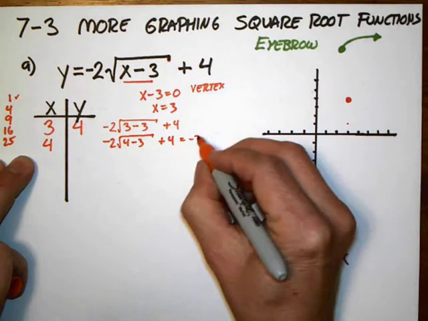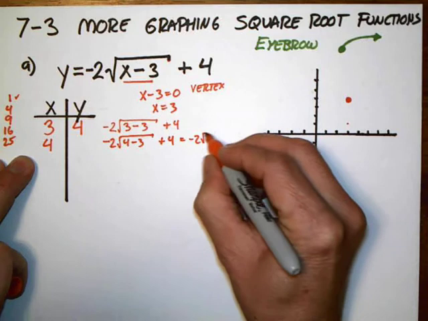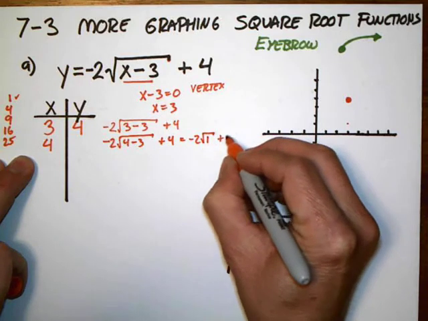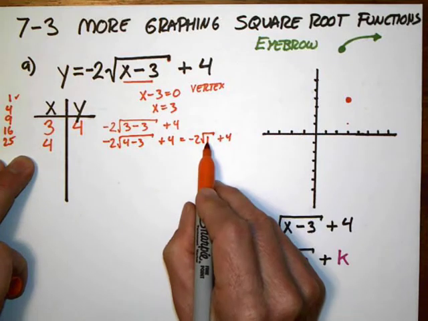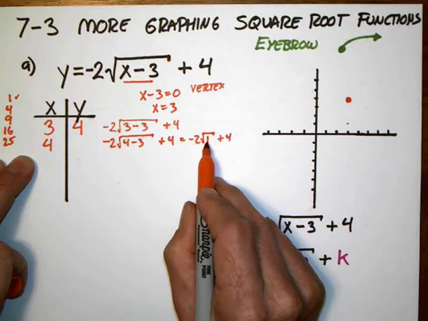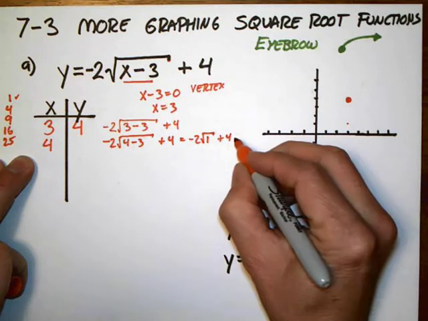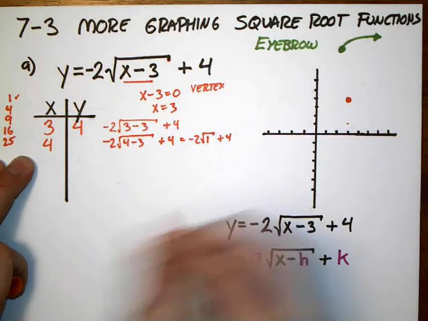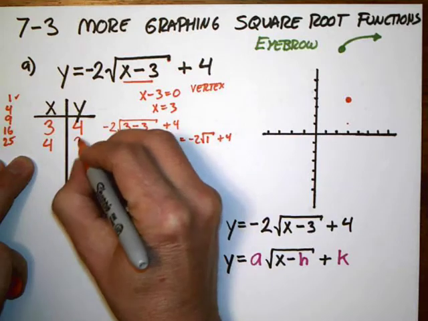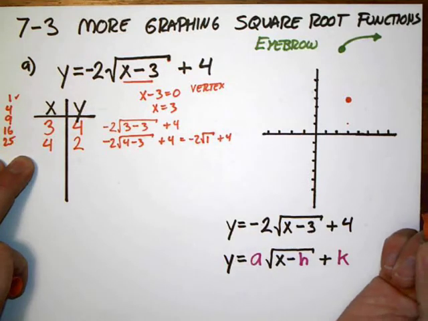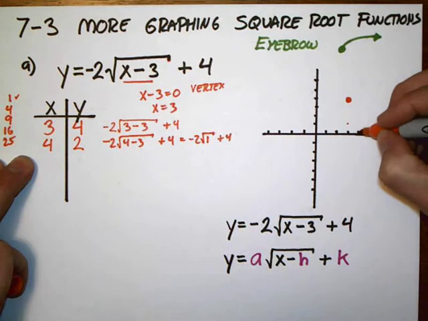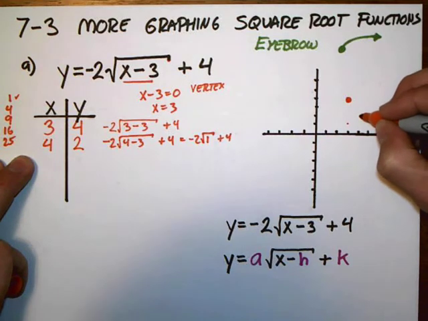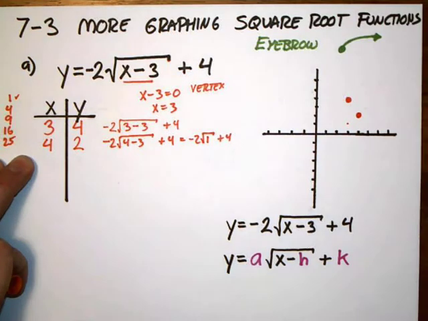So that's minus 2 times the square root of 1, plus 4. The square root of 1 is 1. So negative 2 times 1 plus 4 is negative 2 plus 4, a grand total of 2. So I could go over 4 and up 2, which is going to put me right here.